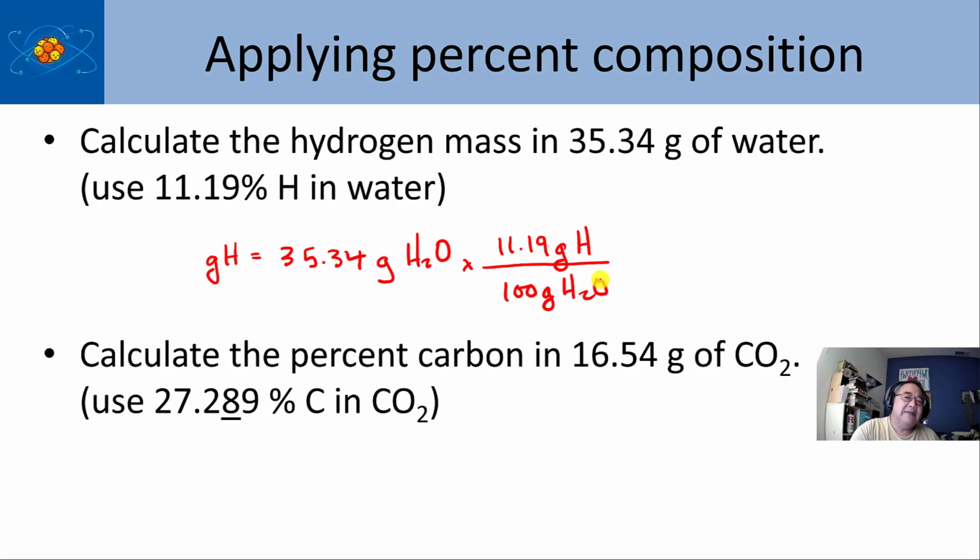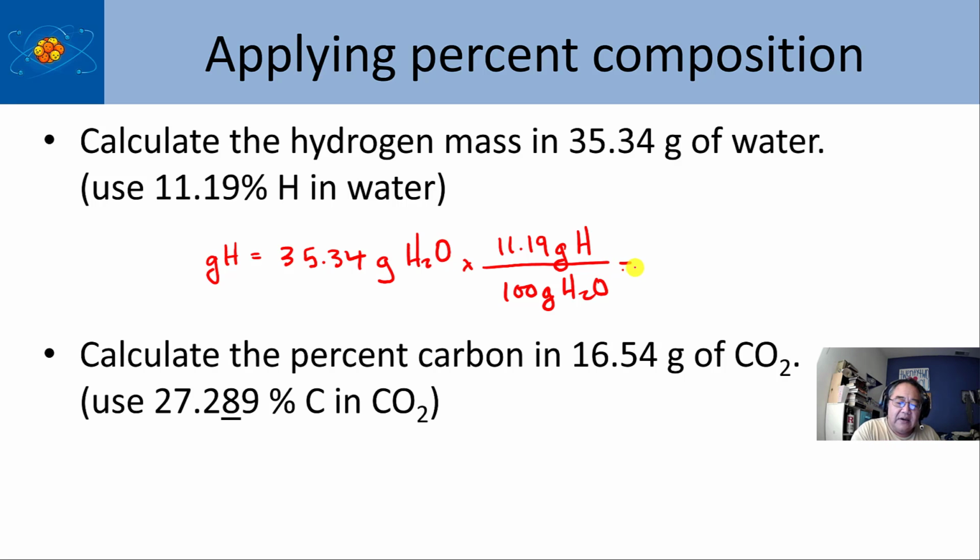And that's the definition of a mass percent. It actually doesn't matter what the units of the mass of the water are in, because it's parts per 100 parts. It would be like 11.19 kilograms of hydrogen for every 100 kilograms. As long as the units are the same top or bottom, you can use mass percent.